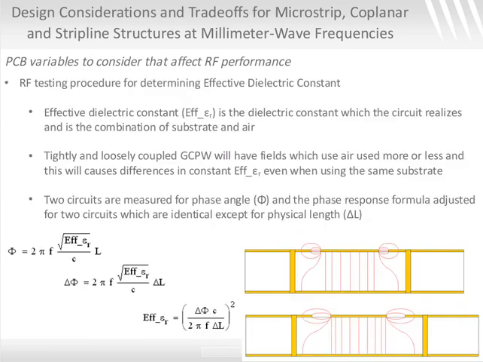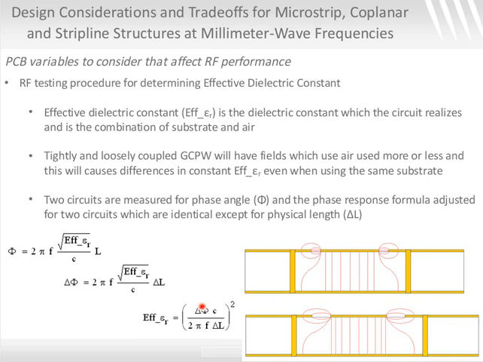Then I did the same thing looking at the effective dielectric constant of the coplanar circuit, and what I did was use the phase response formula, and I manipulated it to use two different circuits of different lengths, and that's the delta L. Actually, in this case, I was using 8-inch long and 2-inch long circuits. Everything's identical with these circuits except for the physical length. And then I measured the phase angle of each one of them.